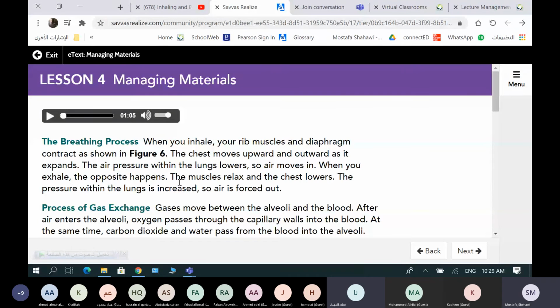The muscles relax and the chest lowers. The pressure within the lungs is increased, so air is forced out. So we have explained the breathing process, inhaling and exhaling, and how pressure and volume change to make you take air in and move it out.